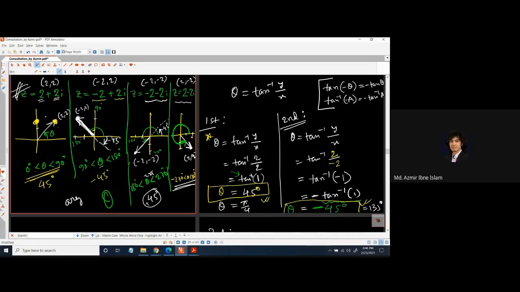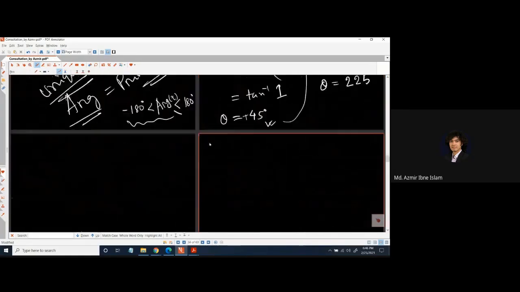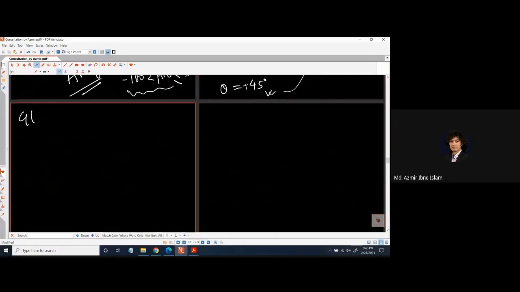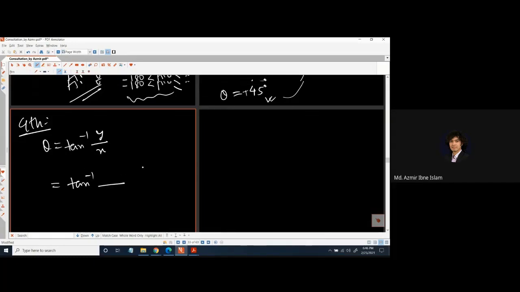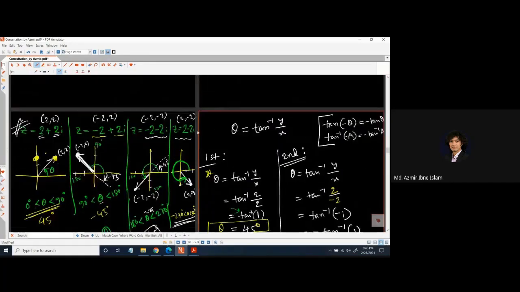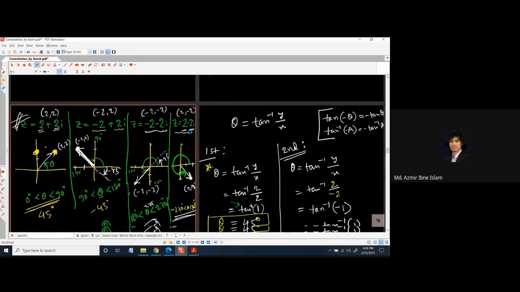So let's see what happens. Fourth case: theta is equal to tan inverse y over x. So what is the value of y? y is negative 2 and x is positive 2. Am I correct?